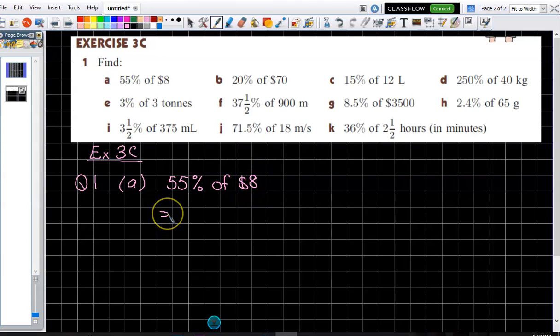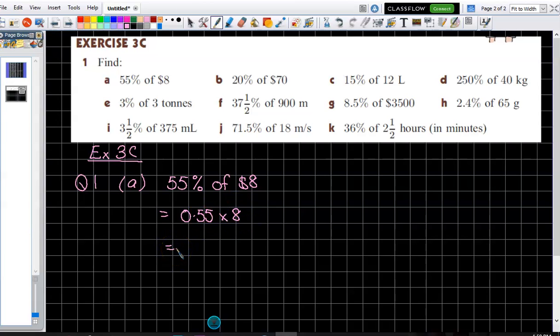What I'm putting in purple is what you have to write. So 55% of 8, we are going 0.55 times 8 equals.